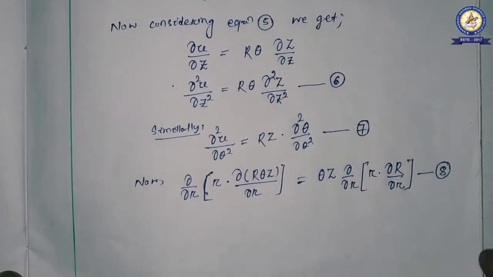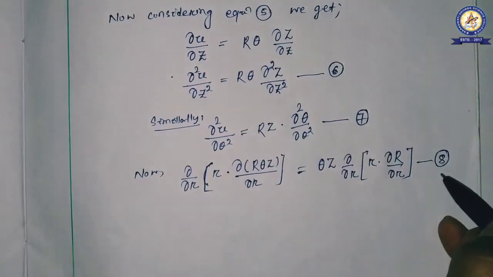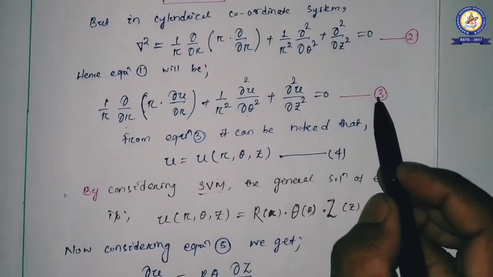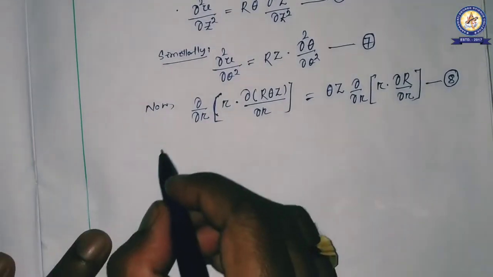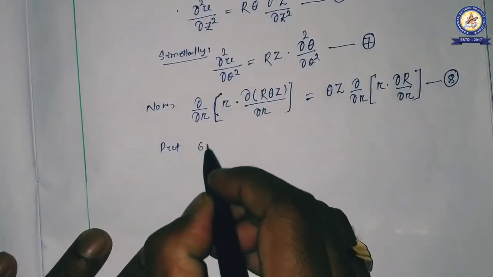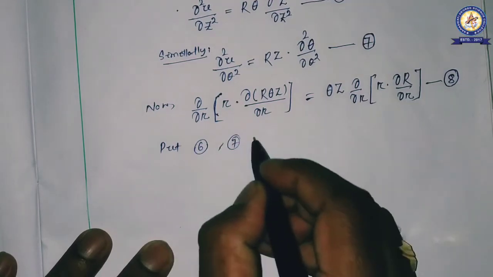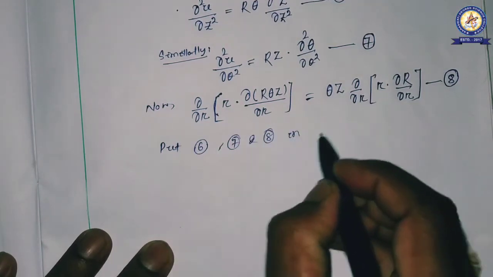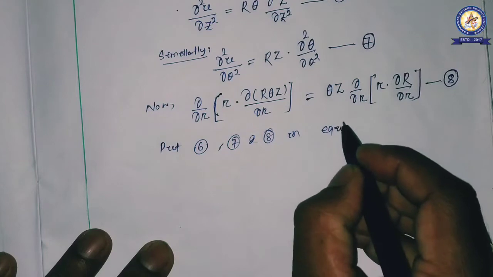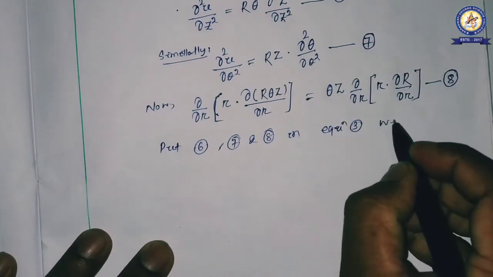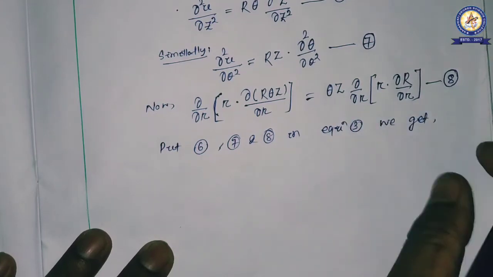Now we have to put 6, 7, 8 in equation number 3. Put 6, 7 and 8 in equation 3. What do we get?